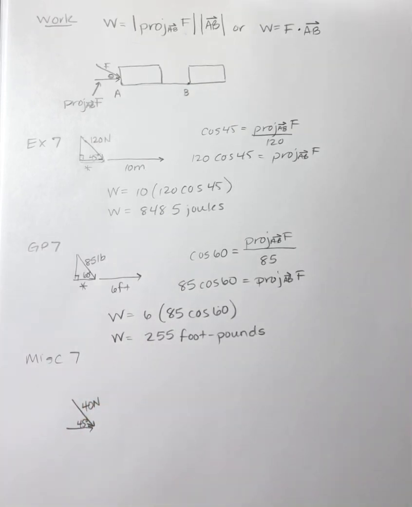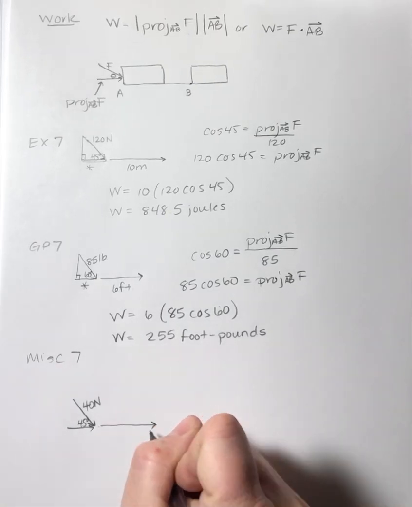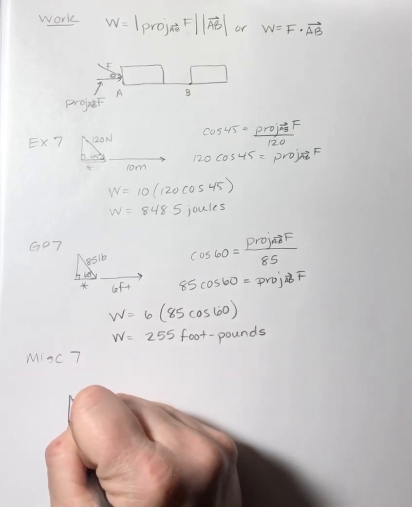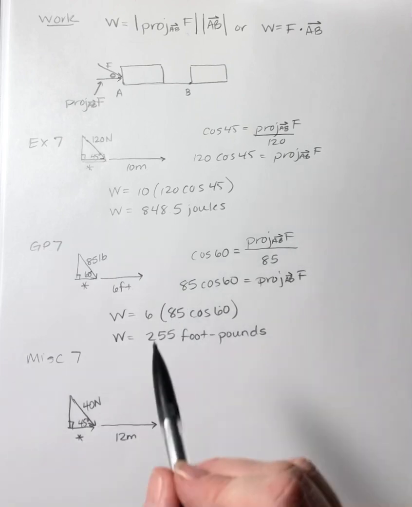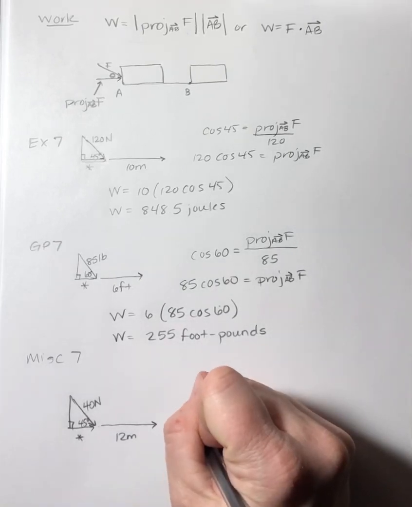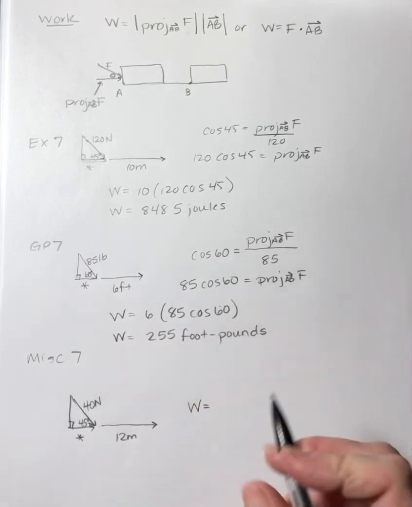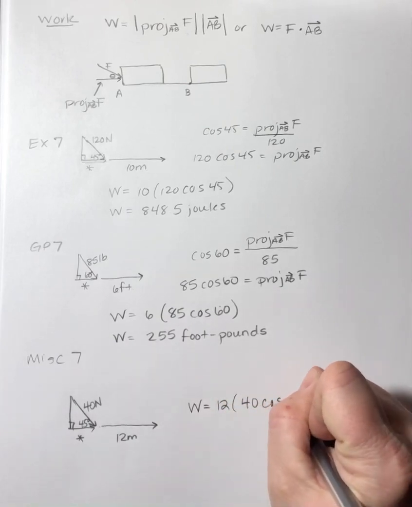Find the work done in joules moving the mower 12 meters. So I again need this. We've gone through this a couple times now. This is just going to end up being 40 cosine of 45. So I'm going to take 12 times 40 cosine of 45.